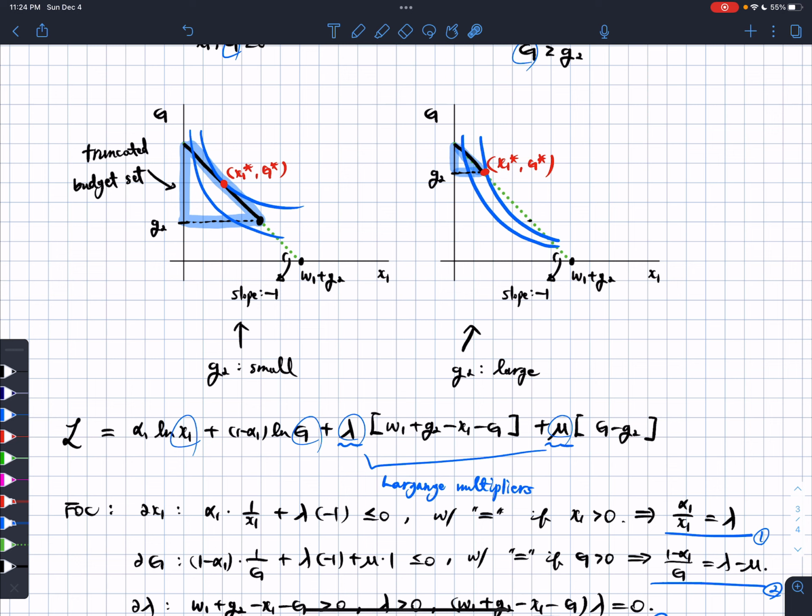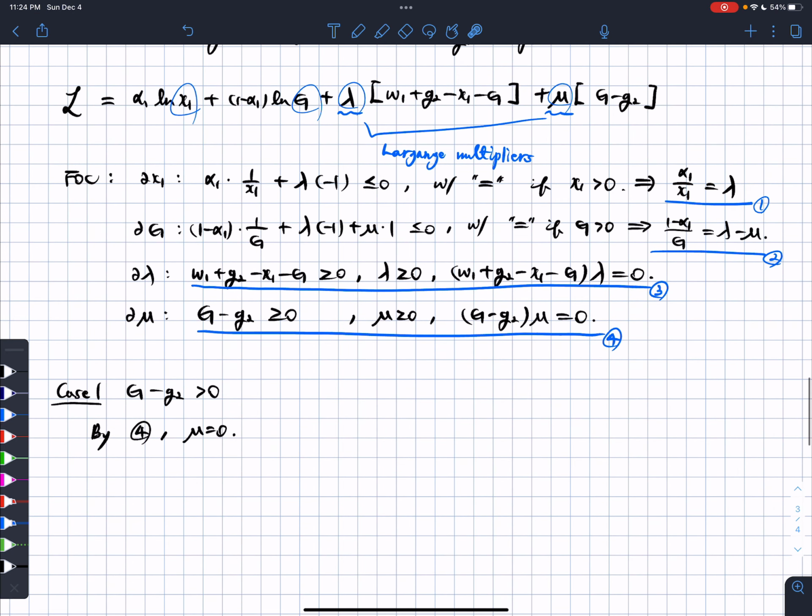So here, the only distinction is whether this solution is at this corner, or on this side of the triangle, right? So by our experience, we know that this lambda is always positive. So this will be equal to 0, this expression in the brackets.